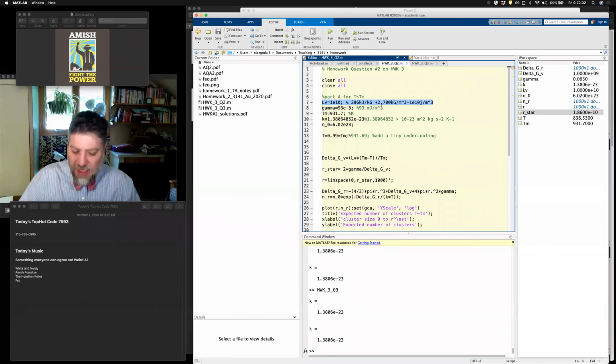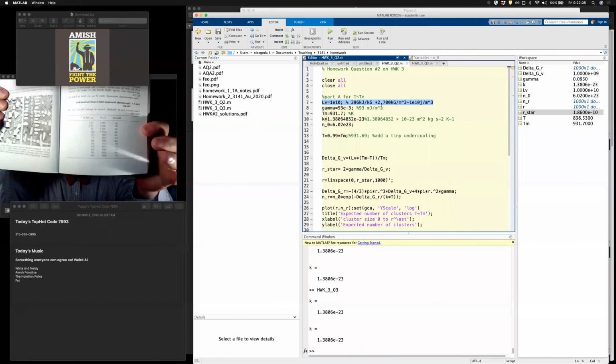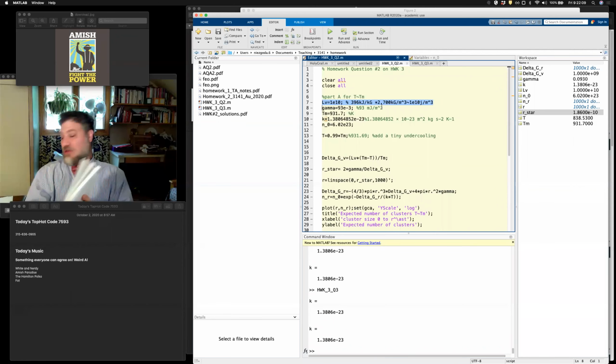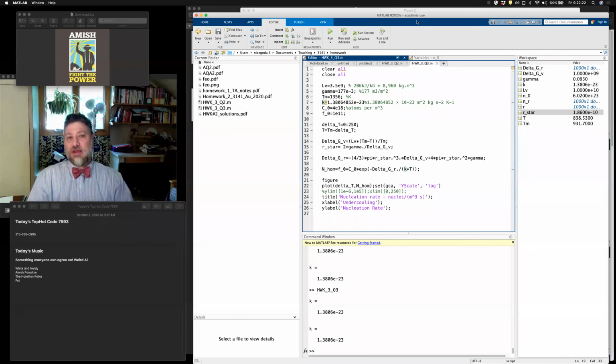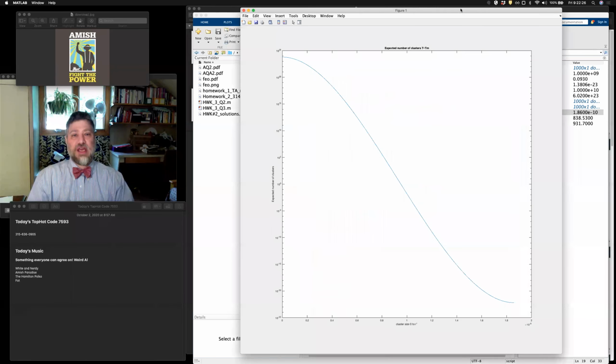It's table 3.4 in the Porter and Easterling book, so you'll remember that picture from the notes. But the surface energies are all right there. So question 3 is really just a version of the same thing, except now we're doing the nucleation rate.